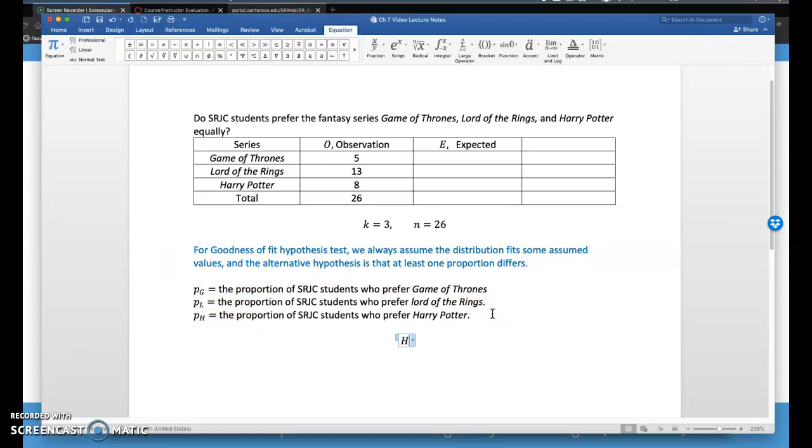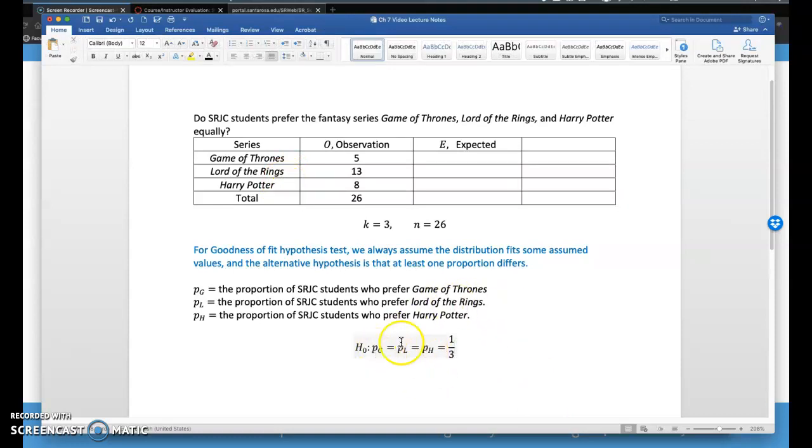My null hypothesis in this case, we're going to assume all three of these are equal. And notice I have three different categories. We're assuming that SRJC students overall prefer these fantasy series equally, so that should be a third.